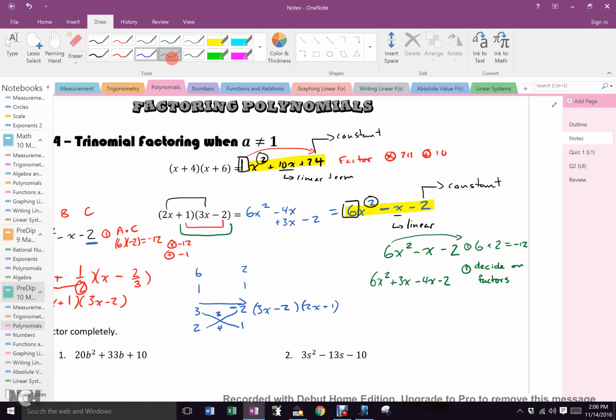Then you factor this and you factor this. What's the common factor here? 3x, right? And what does that leave you with? 2x plus 1. Cool? Everybody okay there? Then you do the same thing here. What's the common factor here?